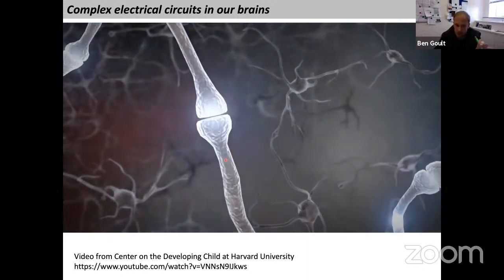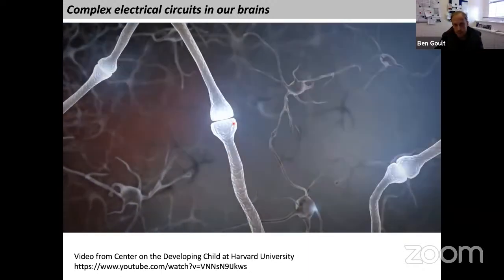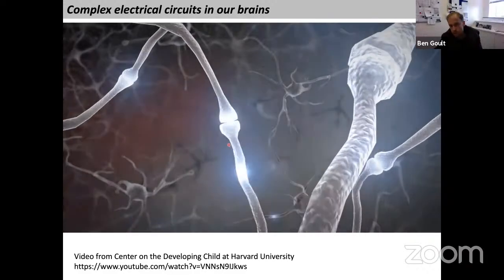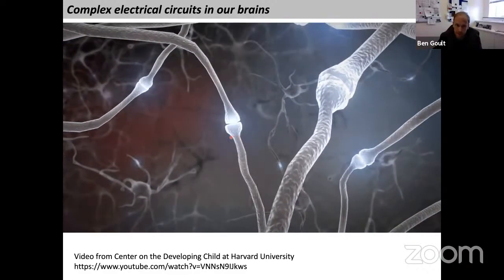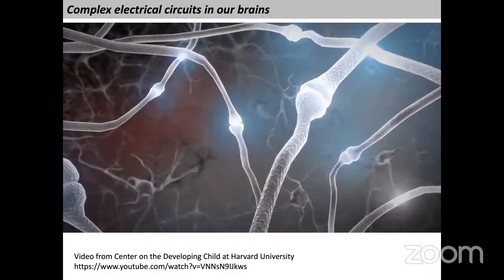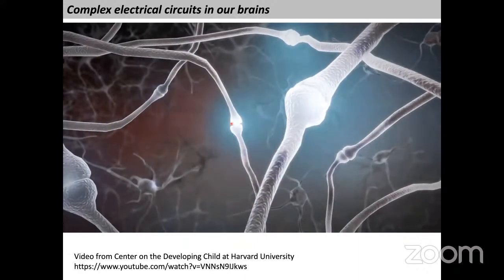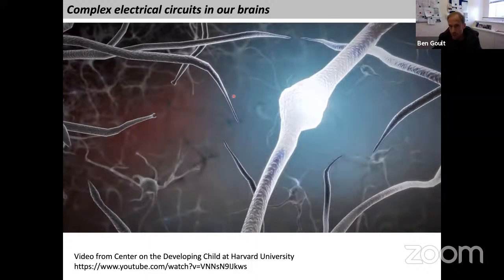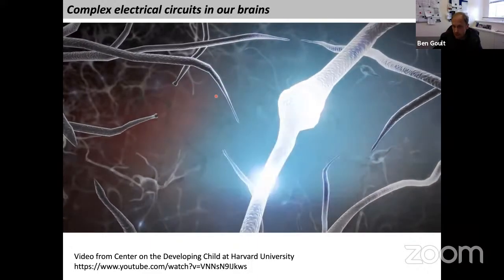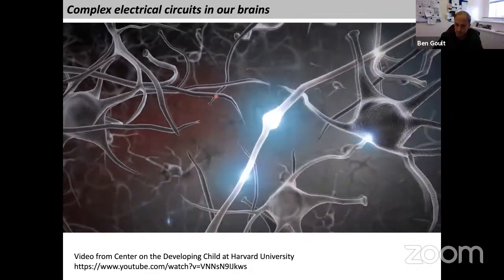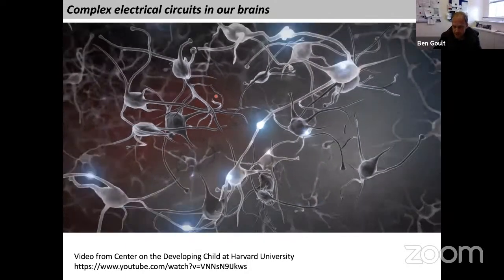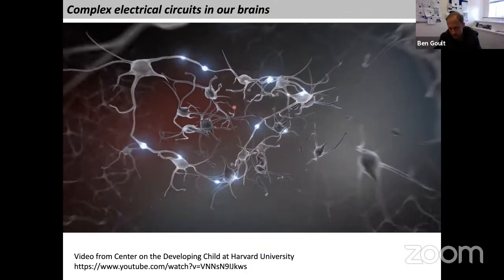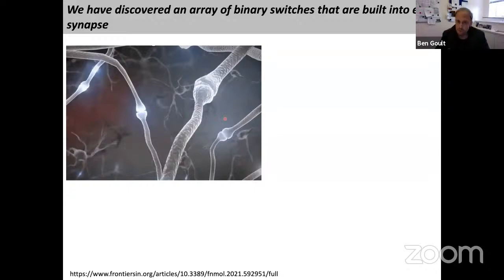And these trillions of cells are all talking to each other via these junctions called synapses. And this electrical stimulation triggers this chemical release. And this is all well established. But what's not clear is how this can store information in real time, immediate changes, and how it can capture that information and what that electrochemical signal is actually doing to change and store it.